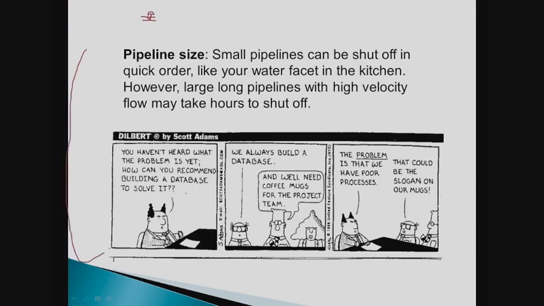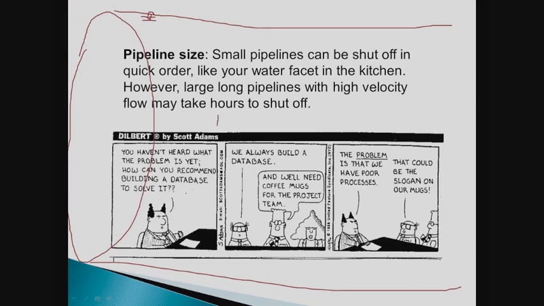However, if the pipeline is huge and the material in that pipeline is going at 10 feet a second, say, and it's 15 miles long, and that's not 15 meters, it's 15 miles, and it's 2 feet in diameter, then you have substantial momentum.